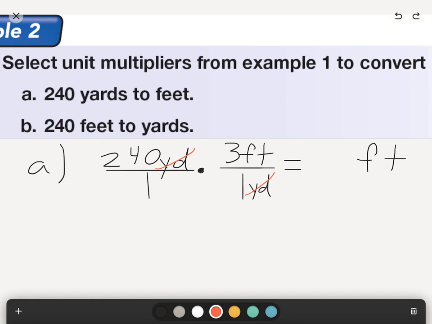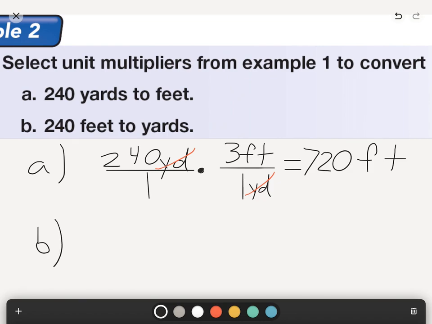And then 240 times 3. 24 times 3 is 72, and then I can just put a 0 at the end. And so, ta-da!